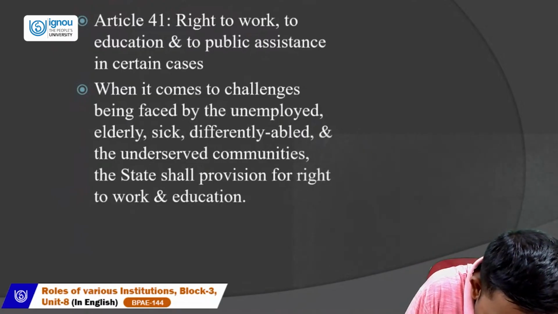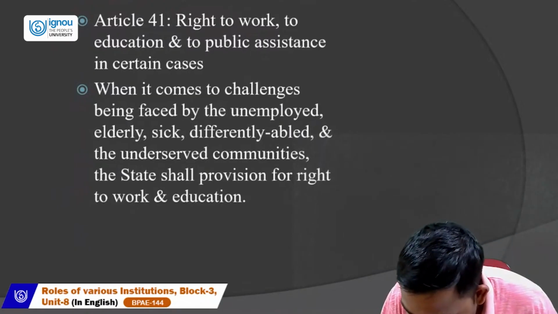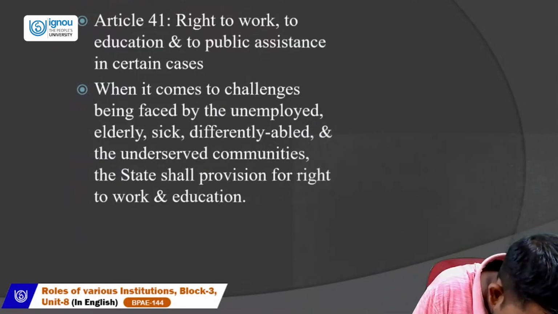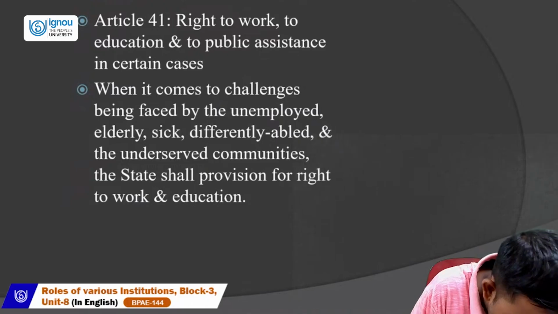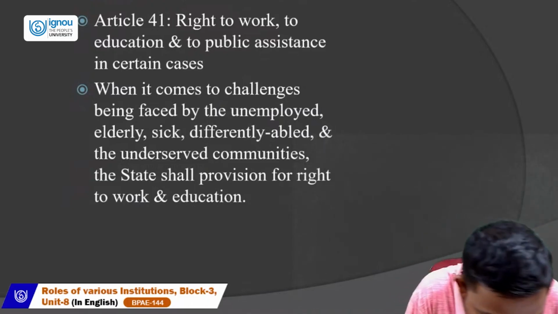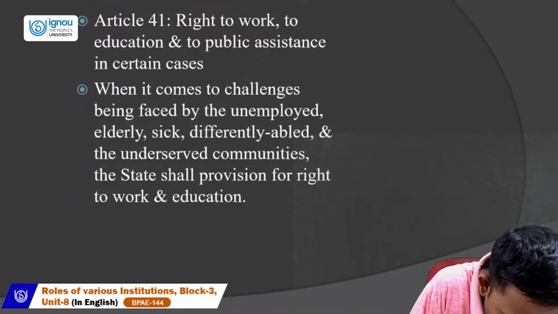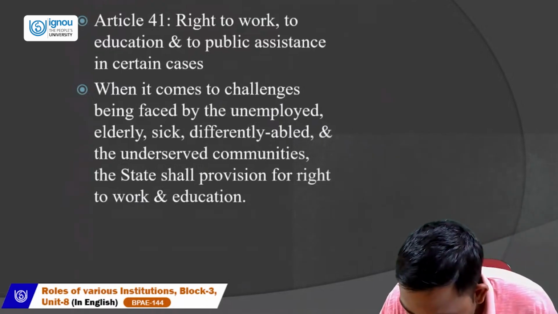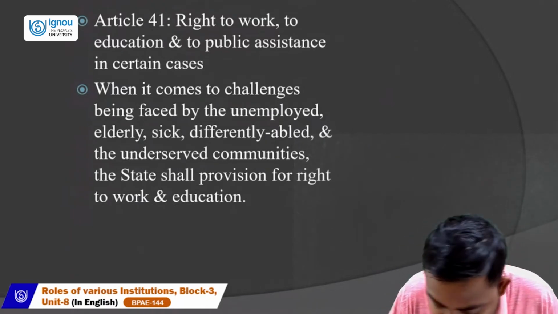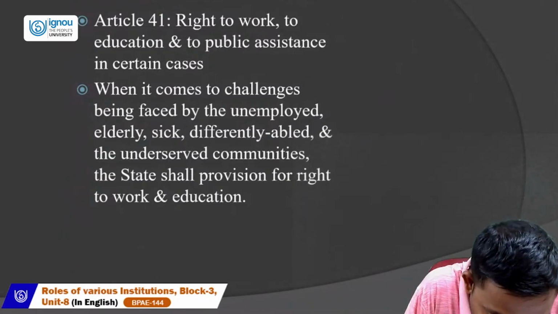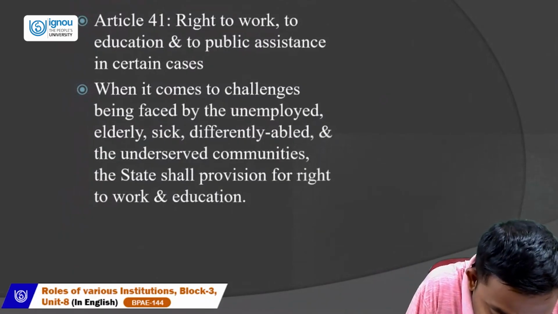So the disparity in the wages that women get for the same work that they do, so that shouldn't be there, and the state should take measures to ensure that, and also to ensure equitable distribution of the means of production. To ensure equitable distribution of the means of production is also a duty of the state, and the state should make policies in respect to that.